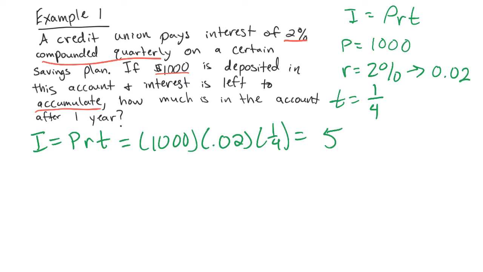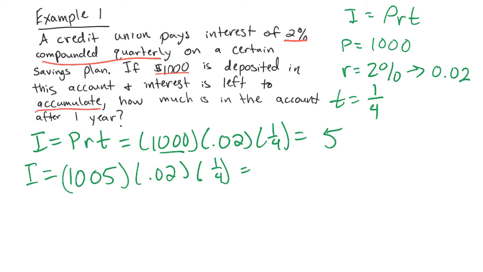Add that to the original principal for the next time. So our next round, we have I equals, our new principal is now 1,005. Our interest rate stays the same. Our time is still going to be 1/4. Multiply that through, we get 5.03. So this is halfway through the year at this point now.